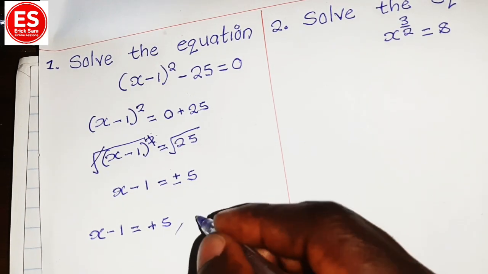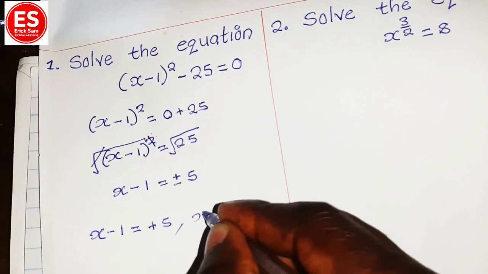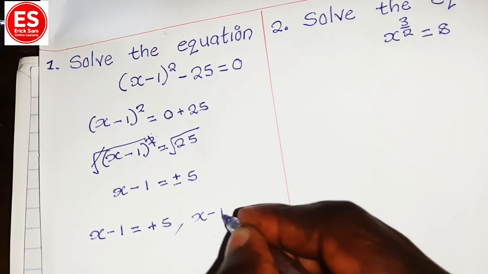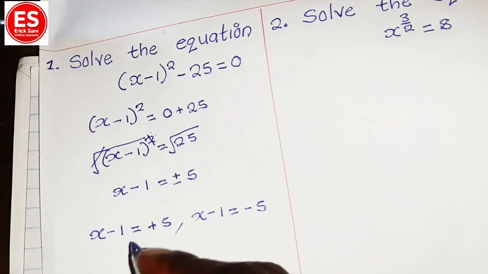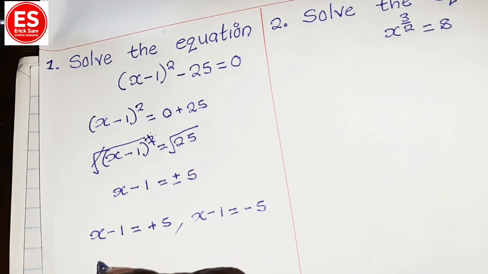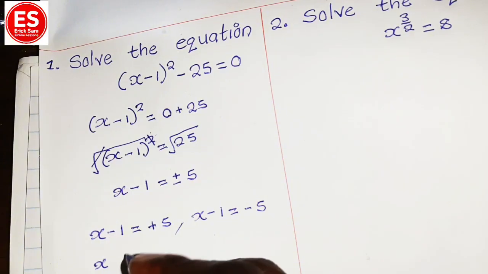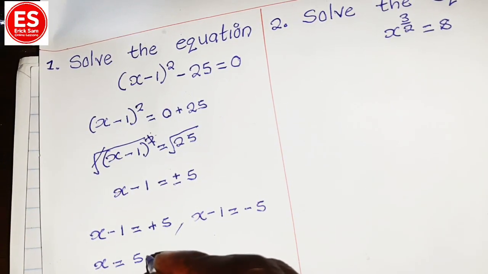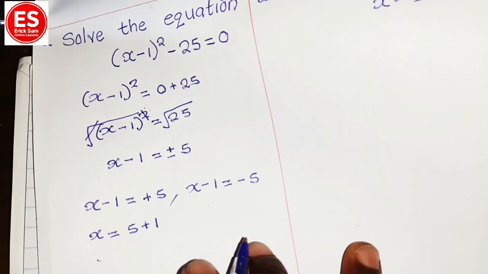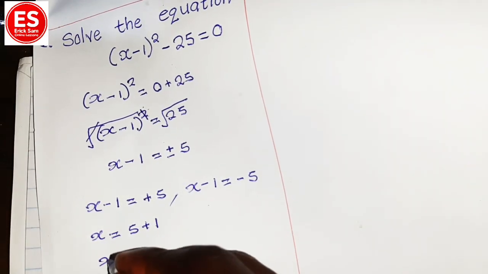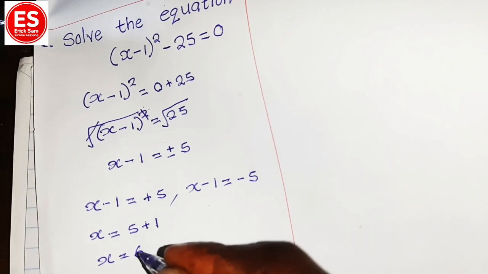Let's separate it by comma. Another one: x minus 1 is equal to negative 5. For the first one, we remain with x here, we take negative 1 to the other side, and we're going to have x is equal to 5 plus 1. So 5 plus 1, we're going to have x is equal to 6.